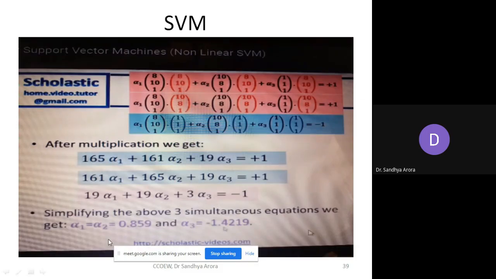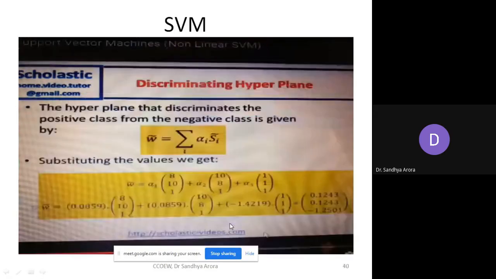Solve this, you will get the values of alpha 1, alpha 2, alpha 3. So your plane will be alpha 1 multiplied by S1, alpha 2 multiplied by S2, alpha 3 multiplied by S3, and you will get this W1, this is your W2, this is your B value.